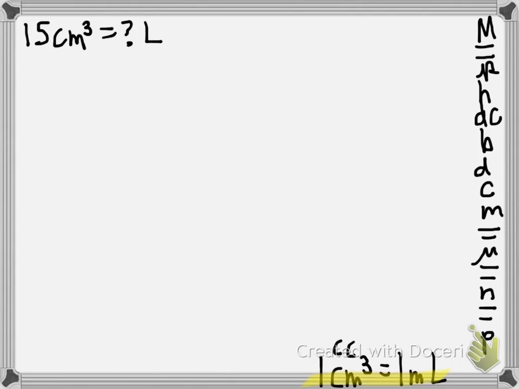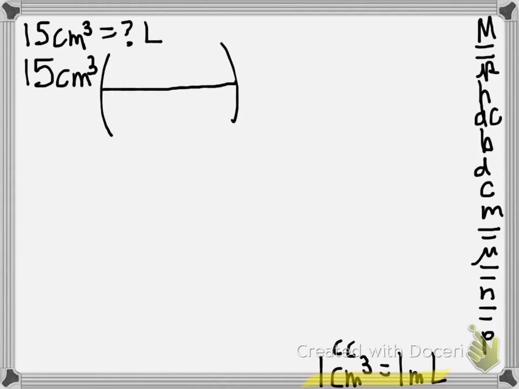So to do this one, okay, it's going to require multiple steps. So cubic centimeters is in the numerator, it has to go in the denominator, and we're going to convert it to milliliters using this new conversion factor, which is 1 to 1. So now we have milliliters.